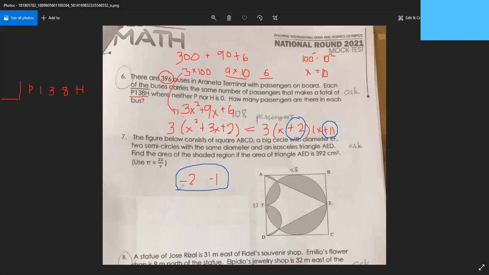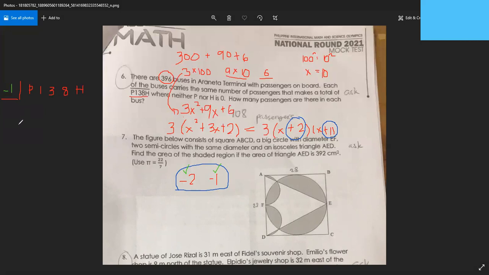Okay, let's continue. Now, it's up to you what you want to choose, -2 or -1. But in this case, let us use the easier number, which is -1.